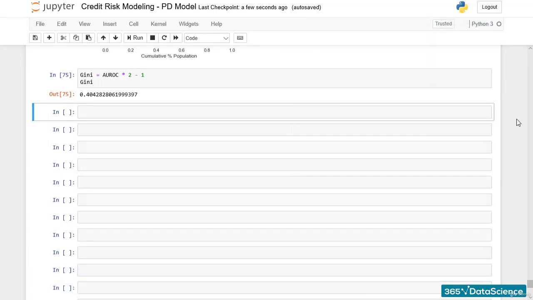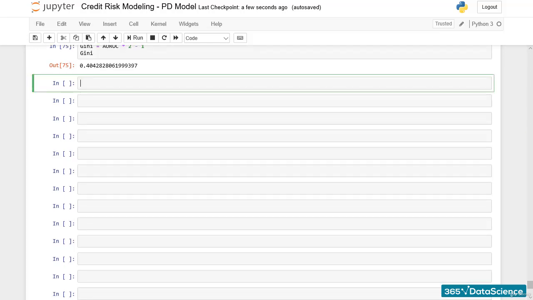We need to plot the cumulative distribution functions of good borrowers and bad borrowers with respect to estimated model probability of being a good borrower. First, we should plot the estimated model probability of being good on the x-axis and the cumulative percentage of bad borrowers on the y-axis. Let's color this line in red.